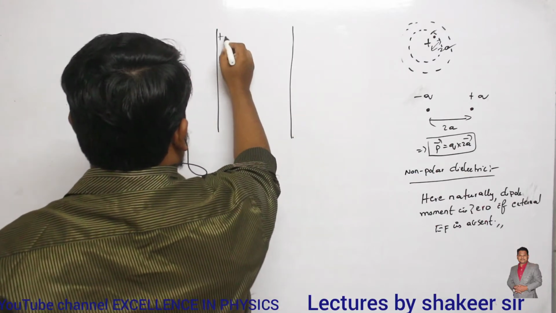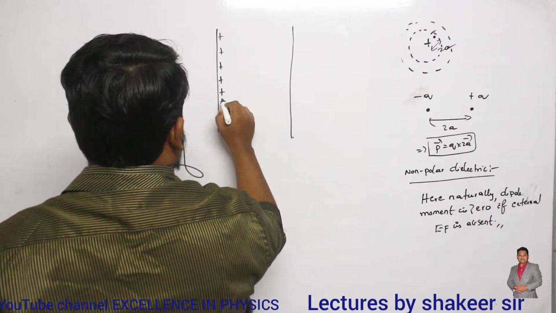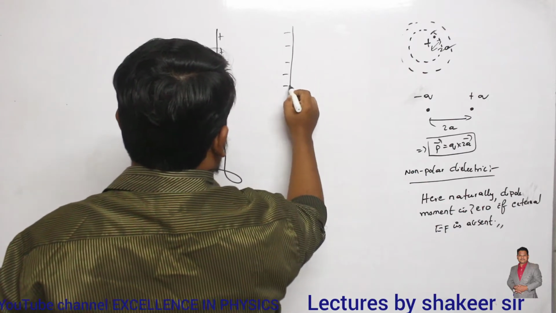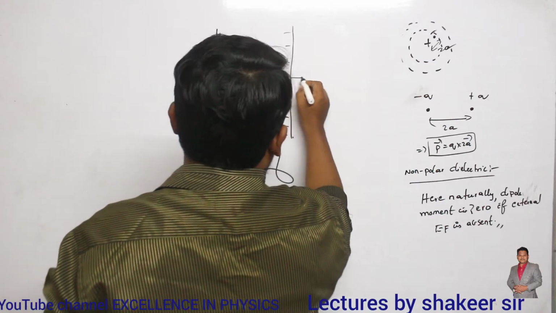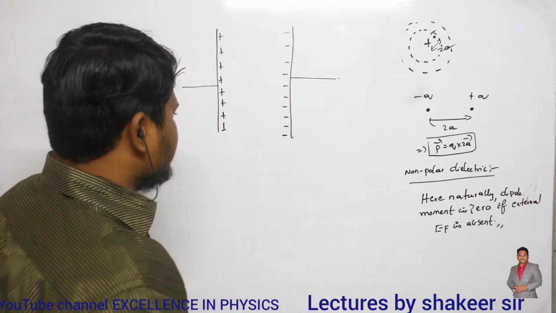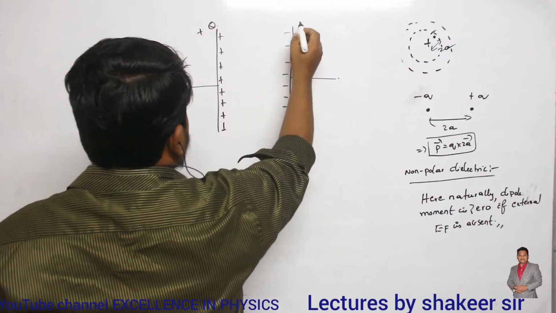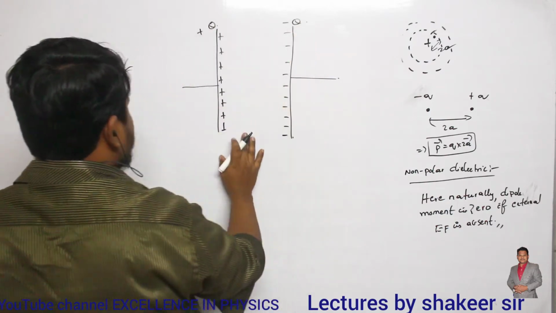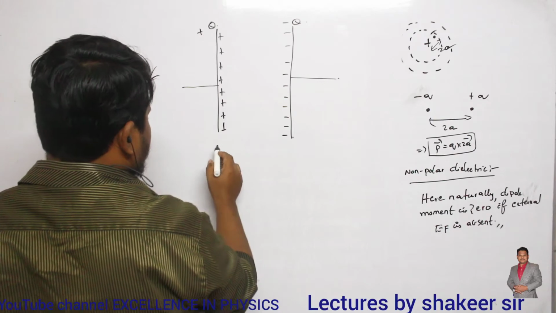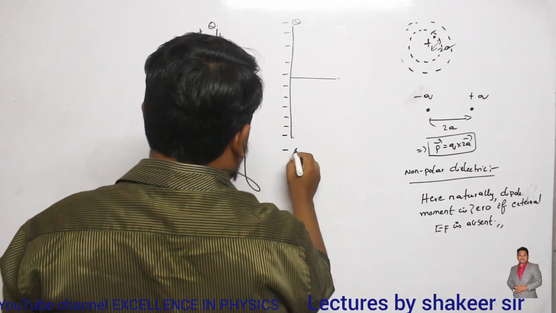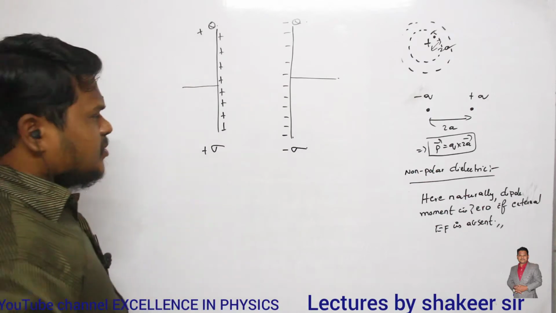This plate has positive charges, and the inner surface of this plate has negative charges. Let q amount of charge be present on this one and minus q on this one. The surface charge density of this plate is plus sigma, and of the negative plate is minus sigma.